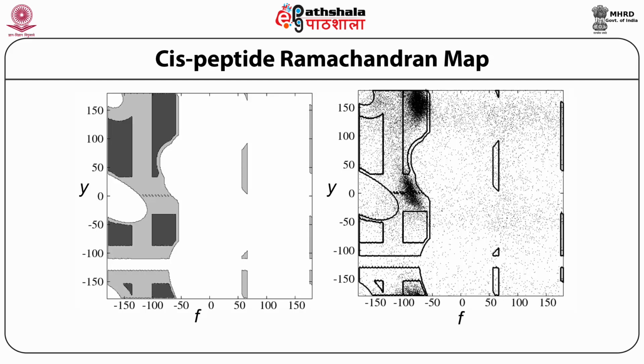So our current understanding is that whenever an amino acid moves out of the allowed region of the Ramachandran map, we first suspect that there is an error in the determination of the structure. If there is an error, there is an error.